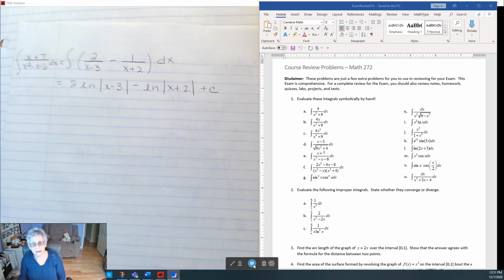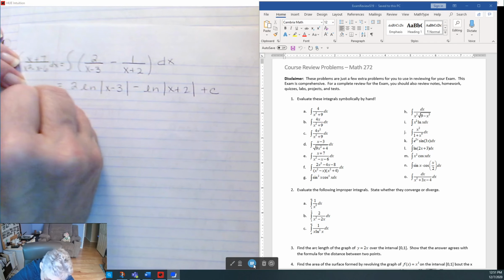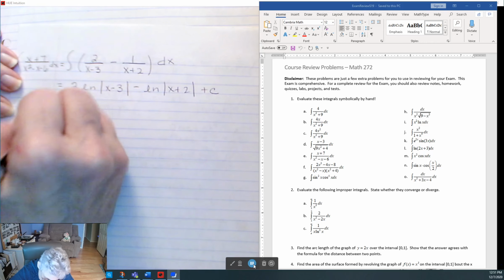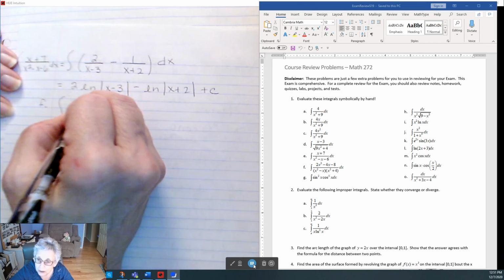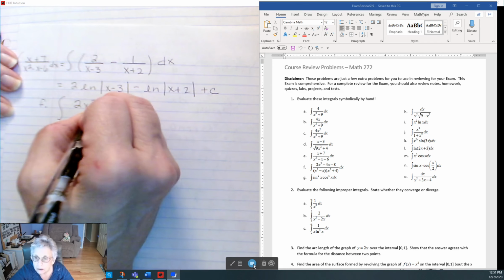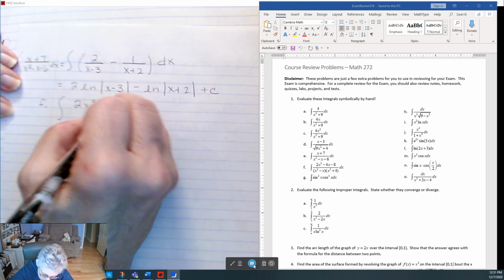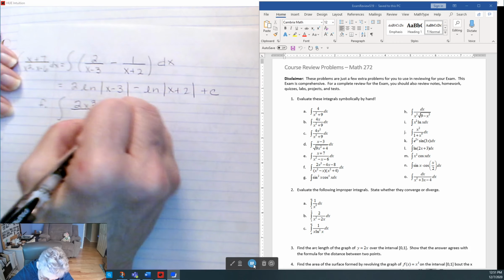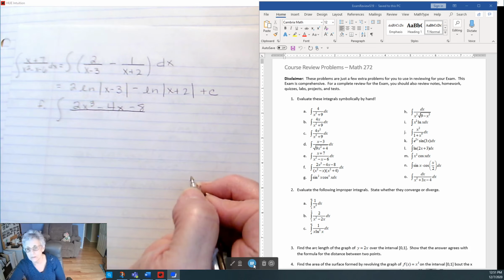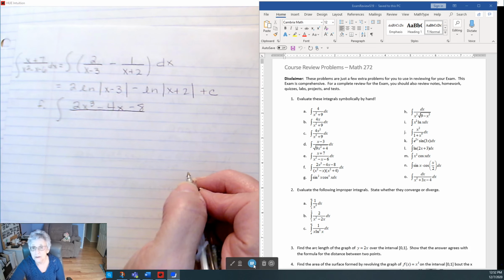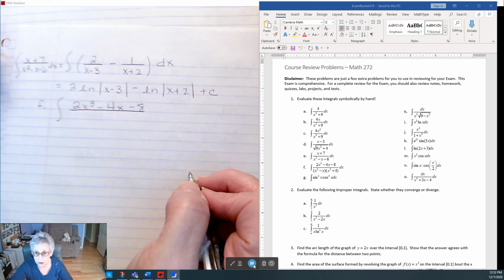Next one's a little more challenging because we have more stuff in the denominator. We have the integral of x cubed minus 4x minus 8. So first thing I do is I check and I see that the degree of the denominator is 4, the degree of the numerator is 3, so I can't do any long division.